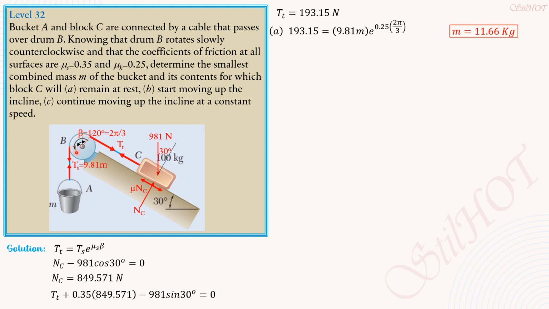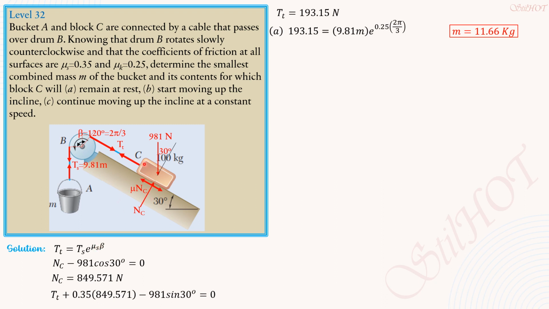Then the only way this block will start to move up is if there is no slipping here, or else this remains at rest and it tends to slide down. So for this crate to start moving up, there should also be no slipping between the belt and the drum at B. So for this relationship later, this is now 0.35, mu sub s.